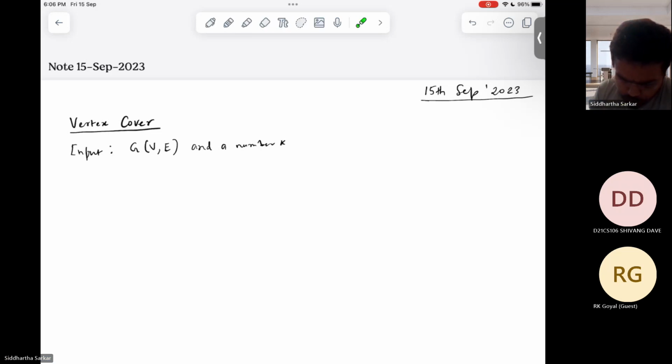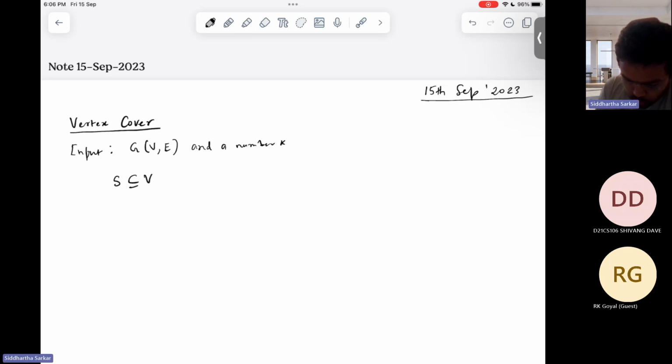Yeah. So we are familiar with the problem of vertex cover. In the vertex cover problem, we are given a graph G, which has a vertex set V and an edge set E. And we are supposed to find a subset S of the vertices.